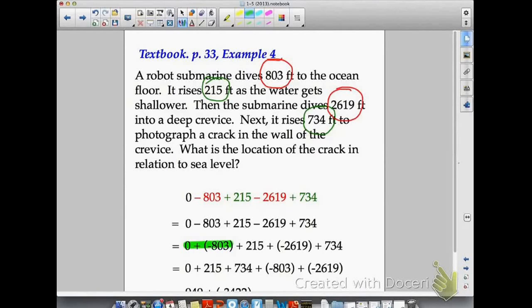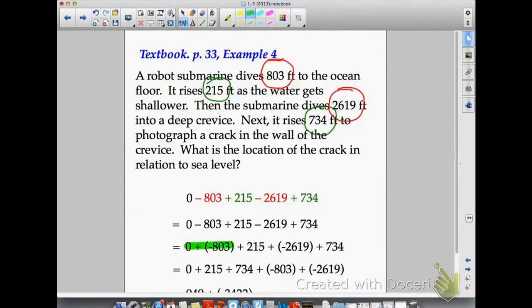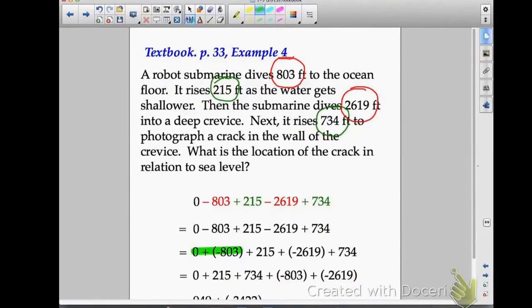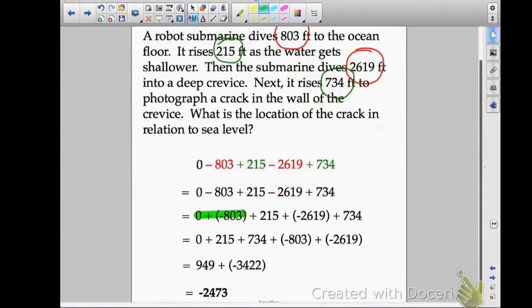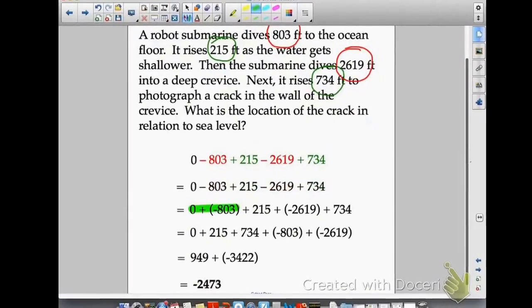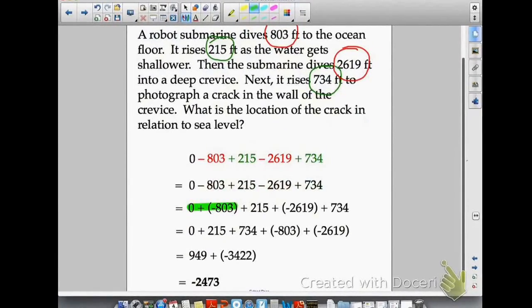Okay? All right, so I'm just going to put all the positive numbers together. So 0 plus 215 plus 734, and then I'm going to add the negative values. So 215 plus 734 is 949, and then I'm going to add negative 3,422, because if I add these two numbers, what do I get?